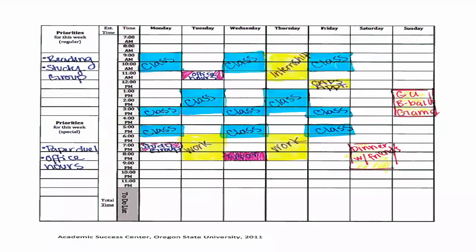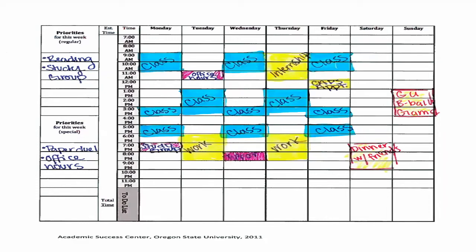Okay, so the first thing that we're going to talk through, and we've mentioned this during our webinar on time management, is to really have a concrete schedule updated on a weekly basis. As you can see here, we've created a schedule, and I think a lot of students will look at this and say, this looks like a pretty easy schedule, but we try to make it as realistic as possible.